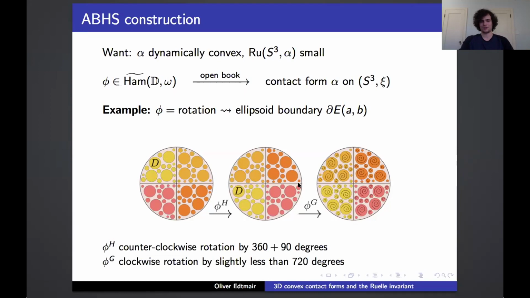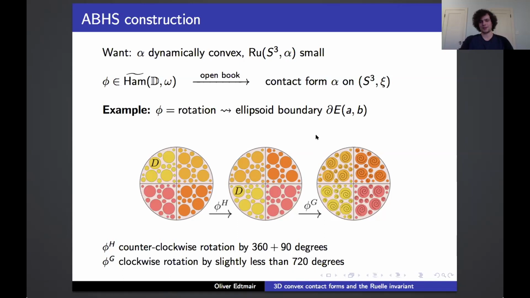And so now we have to produce some clockwise rotation, and that's what phi g does. So here we draw a whole lot of small disks inside our big disk. And inside the small disks, we start rotating in clockwise direction. So ideally, we would want to rotate as far clockwise as possible to get the Ruelle invariant down.